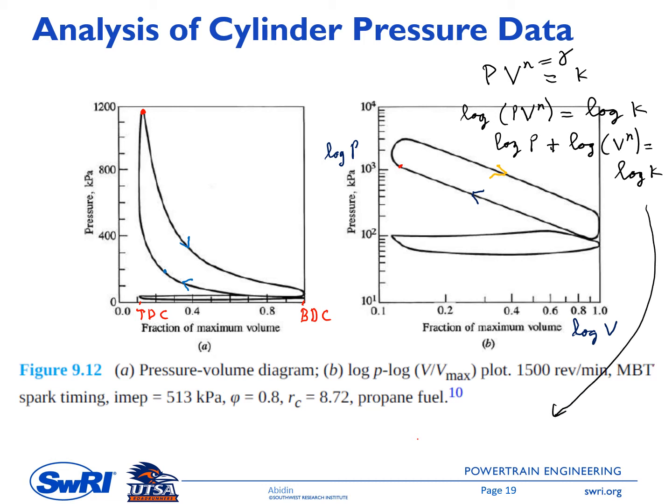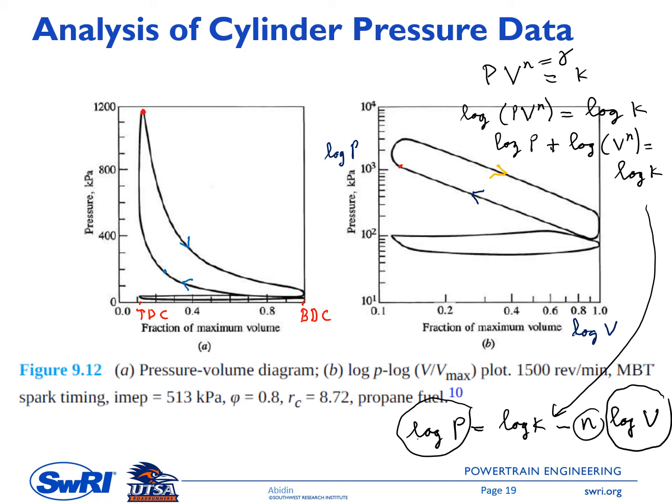I can write it as log P equals log k minus n log V. So you can see that log P has a linear correlation with log V, and n is now the slope of this straight line.